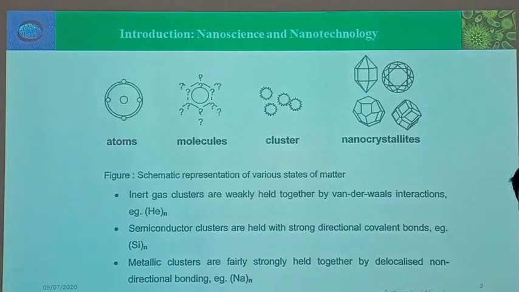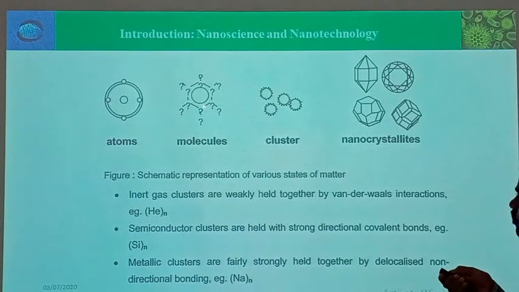We know that any material or matter is made up of atoms. When various atoms come together, a group of a small number of atoms, 1, 2, 3, comes together, which forms molecules.